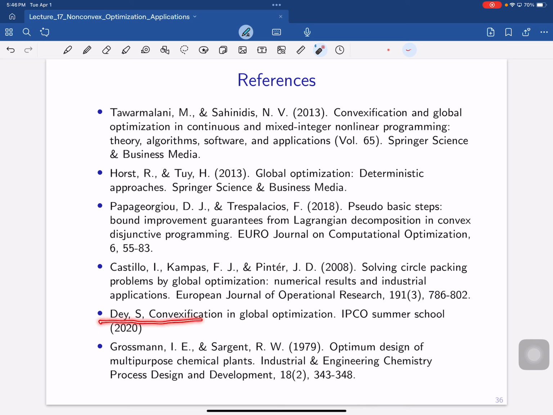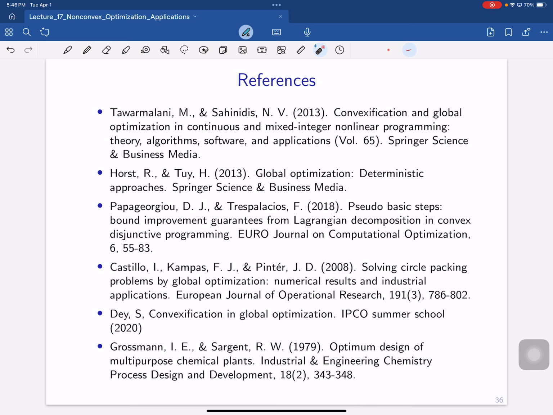Also here there is a lecture by Shabbir Dey, who is a professor from Georgia Tech. He had a very nice lecture on convexification in global optimization at the IPCO summer school. IPCO is one of the major conferences in integer programming and combinatorial optimization. Right?